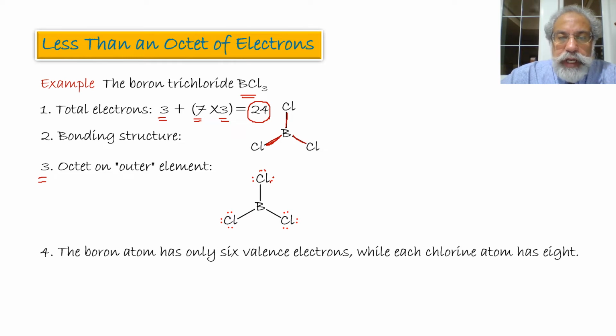So the chlorine here 8, 8, 8, and we are done with our 24 electrons. Boron has only 6 electrons.